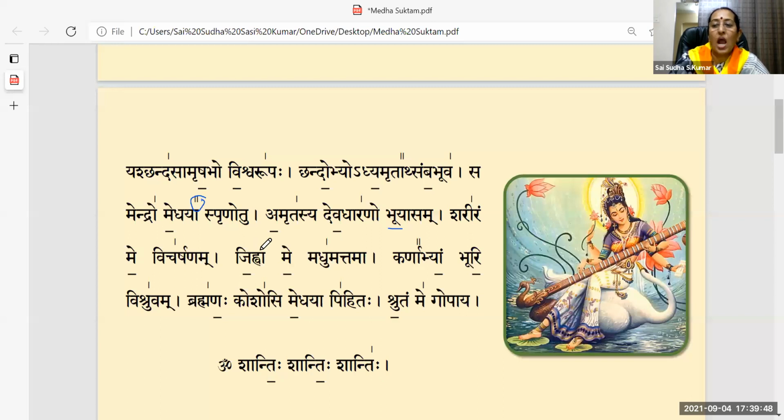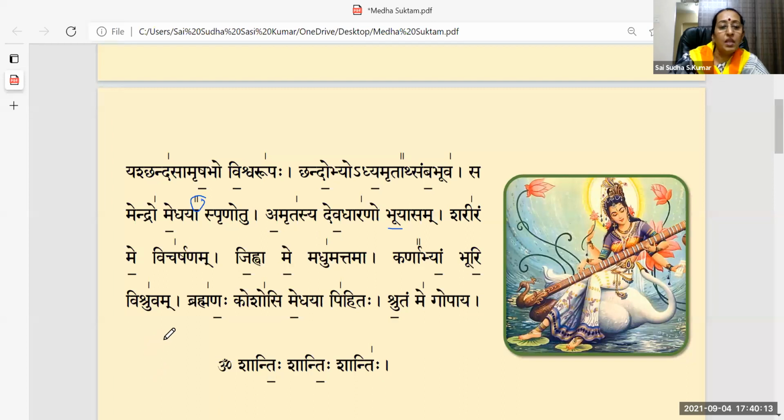It is not jihwa, it is jihwa. Me madhu mattama. Then karnabhyam. Karna again dirgha swarita. Bhyam bhuri. Bhyam, bha is Mahapran. Bhuri again Mahapran.